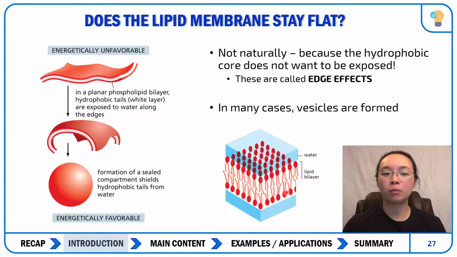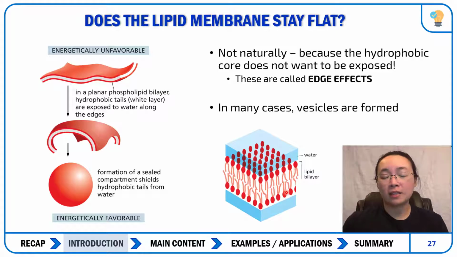So when you're doing experiments, if you actually want to have your polar heads facing up for a monolayer specifically, then you would want to have a hydrophobic substrate so that your tails are going to be anchored and then your polar heads are going to be exposed. So these are just some different tricks that we can use to try and image or analyze the surface that we want to.